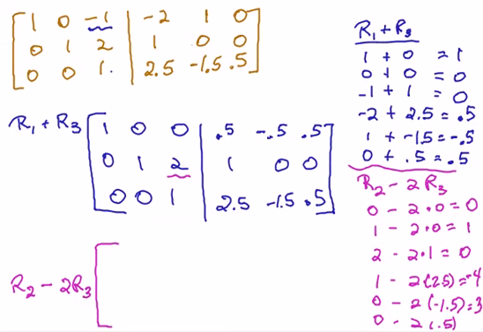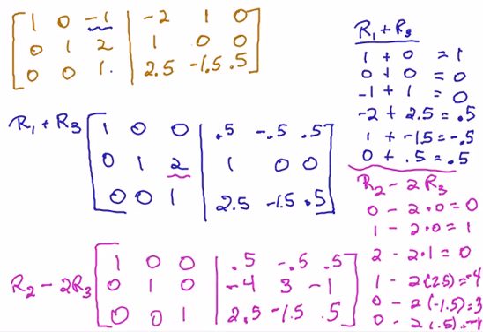And 2 times 0.5 would be 1, and 0 minus 1 is negative 1. So our new second row is 0, 1, 0, negative 4, positive 3, negative 1. And our other two rows are still the same.